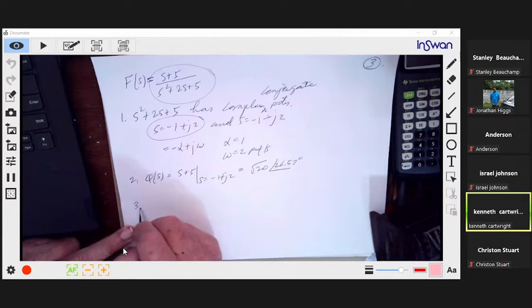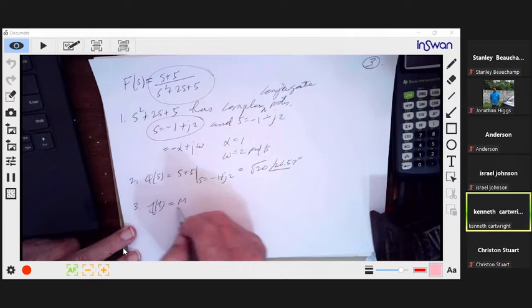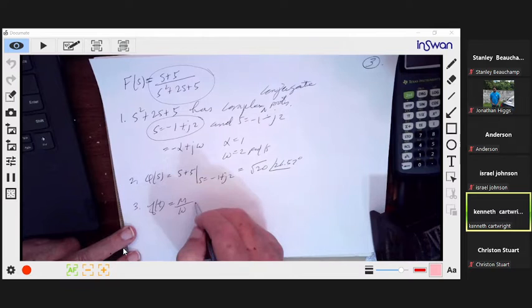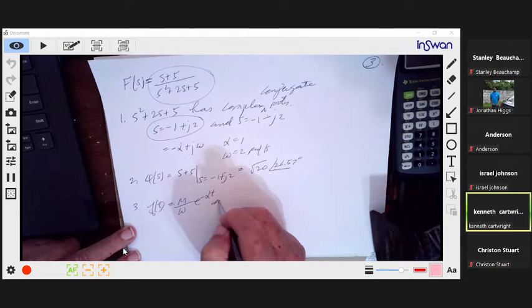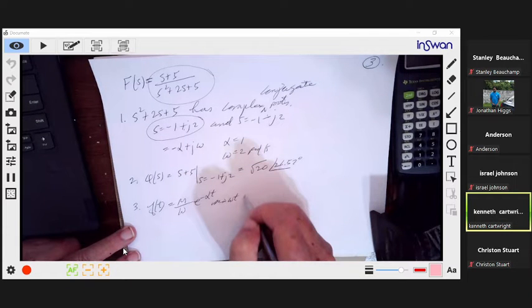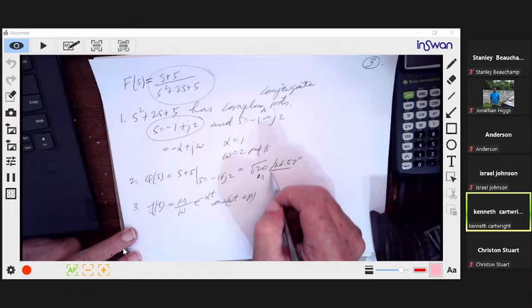Then we use the formula f of t equals M over omega e to the minus alpha t sine of omega t plus theta, where this is M and this is theta.